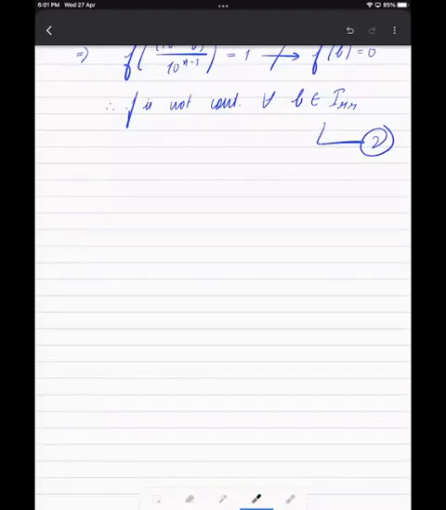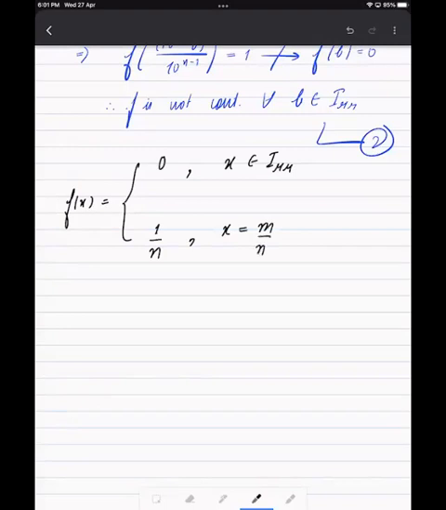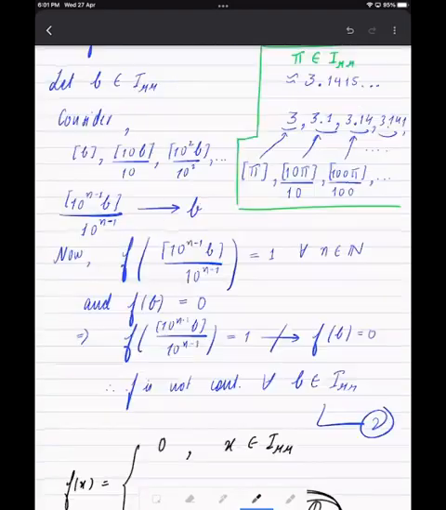Popcorn function, heard about it? There are so many names for it. The function is 0 when x belongs to irrational, and 1 by n when x is m by n belonging to rational, given this m and n satisfy all the points of the definition.